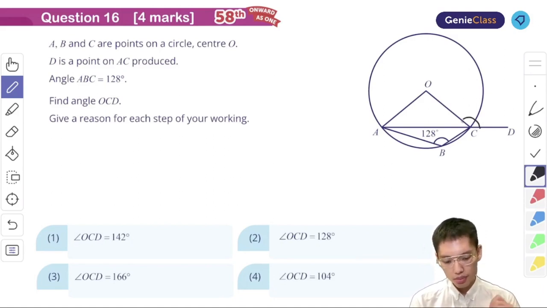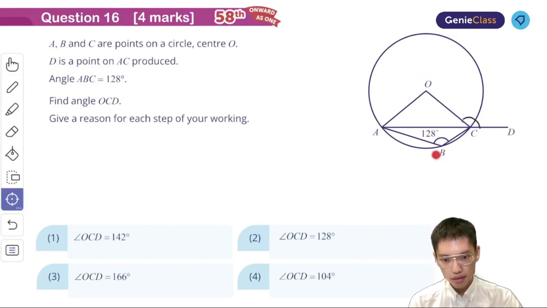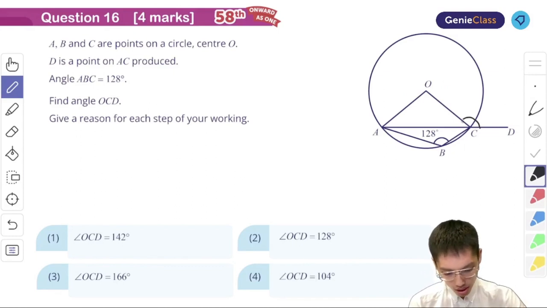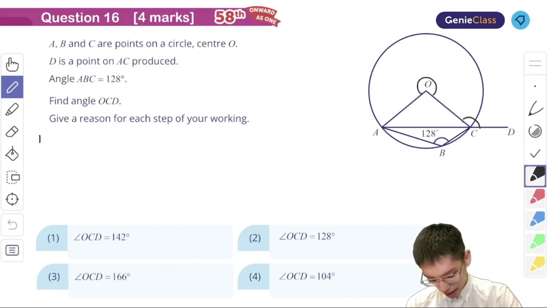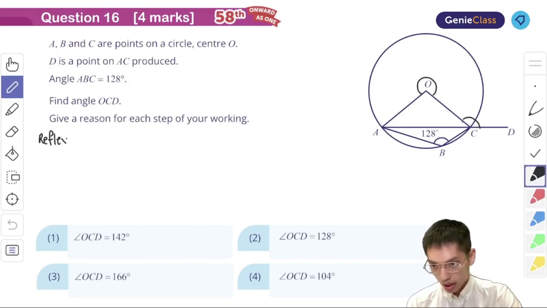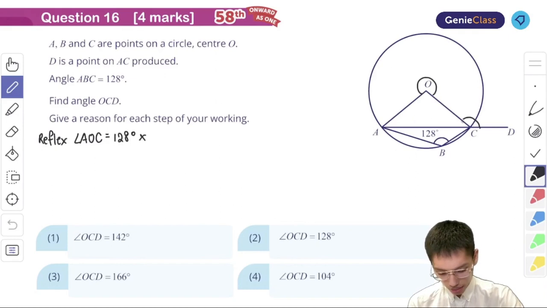That's essentially what we can do, because this is my center. This is at the circumference. So we can find this angle first and see how it leads. Therefore, I can say reflex AOC is 256, because angle at the center is 2 times angle at the circumference. And when we find a value due to a property that is not very clear, we actually have to write it up.